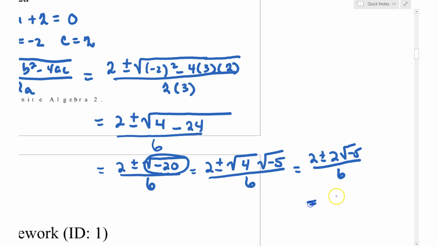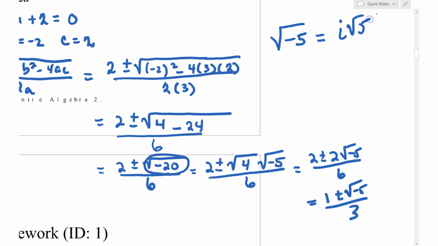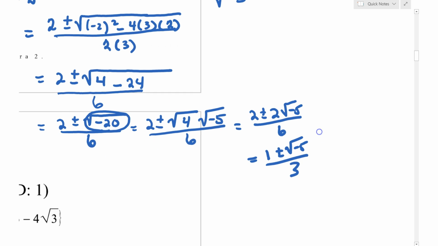It simplifies to a third. So you have 1 plus or minus square root of negative 5 over 3. Square root of negative 5 is an imaginary number. So this should be i square root of 5. So your answer will be 1 plus or minus i square root of 5 over 3.